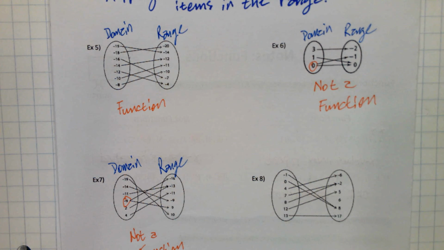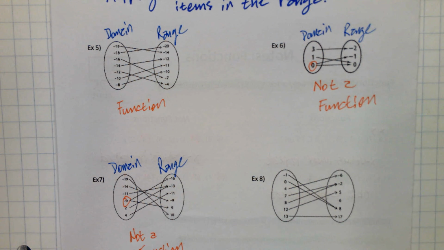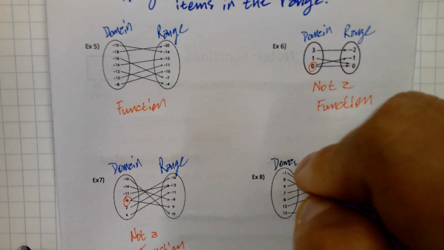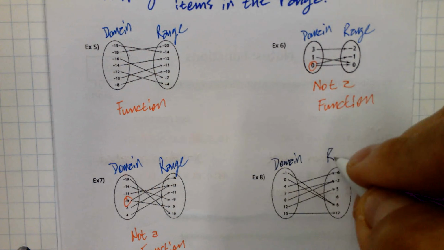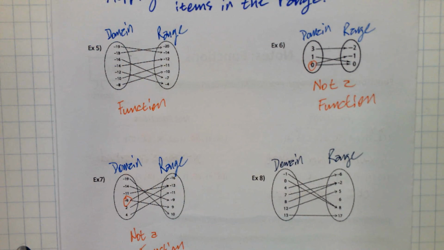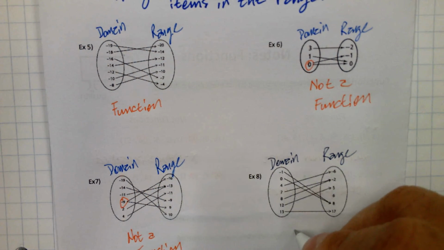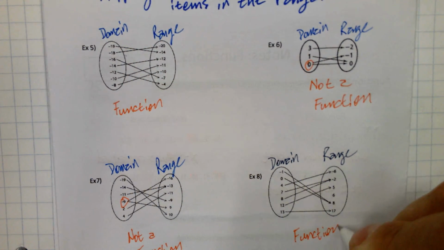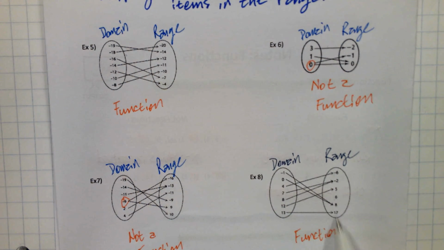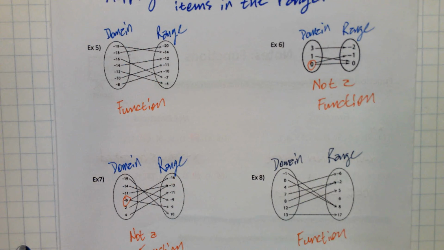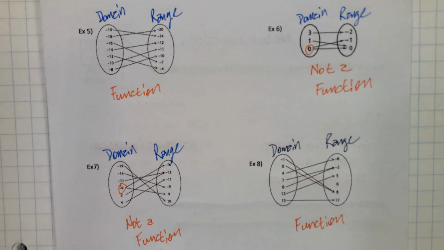Not a function. Okay. Here's our domain for number 8. And here's our range. Function or not a function? Function, yeah. All those -1 and 0 on the domain side should probably talk to each other.